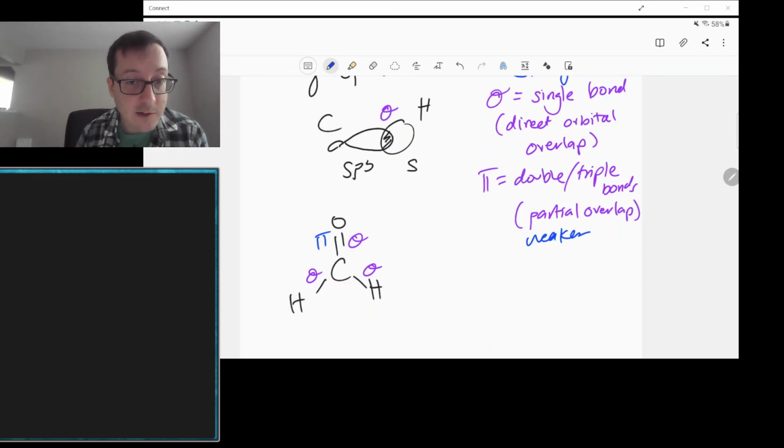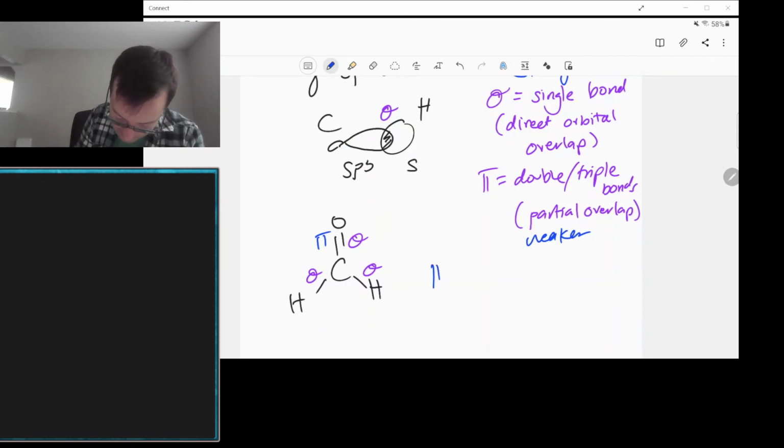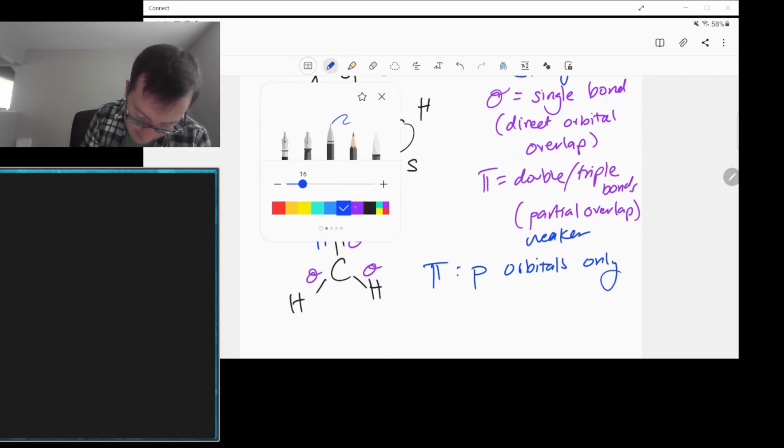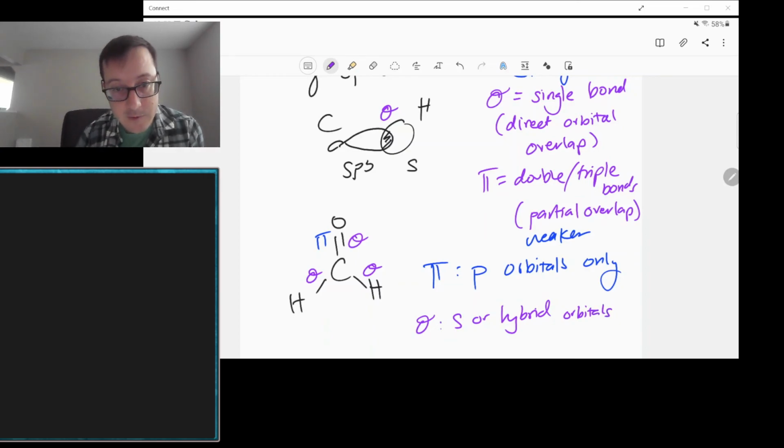We have a single bond to oxygen, that's the sigma bond, and then we have an additional bond, which is the pi bond. So those extra bonds will be pi bonds. Pi bonds have to be p orbitals only. And sigma bonds will be made of s orbitals or hybrid orbitals.